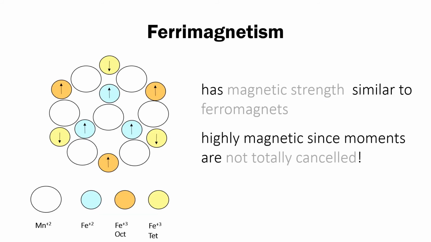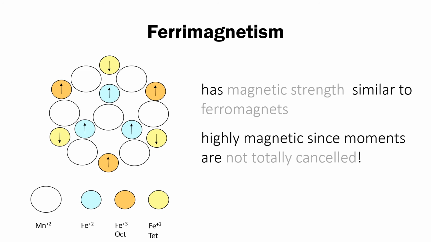And lastly, we have ferrimagnetism. Ferrimagnetism has highly aligned magnetic dipoles, similar to antiferromagnetism, opposite yung direction nila. But in this case, hindi na equal yung amount of, let's say, up and down magnetic moments, which makes these types of materials have high magnetic strength, similar to your ferromagnets.